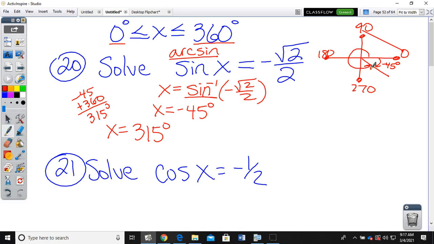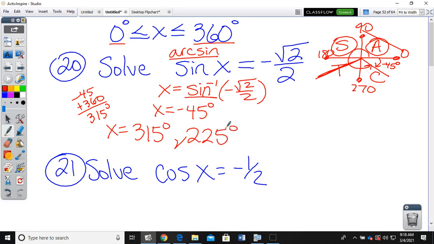All Students Take Calculus, the All Star Trig class. Here and here, sine is what? Positive. So that means the two on the bottom, sine must be what? Negative. So what is a 45 degree angle? We've already got the one in quadrant 4. What's the 45 degree angle in quadrant 3? 225. Because 180 plus 45 is 225.